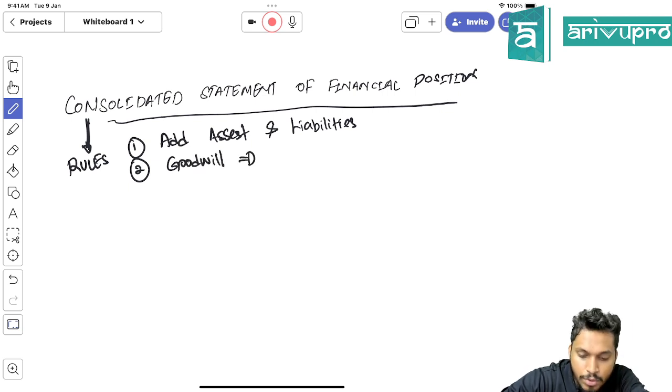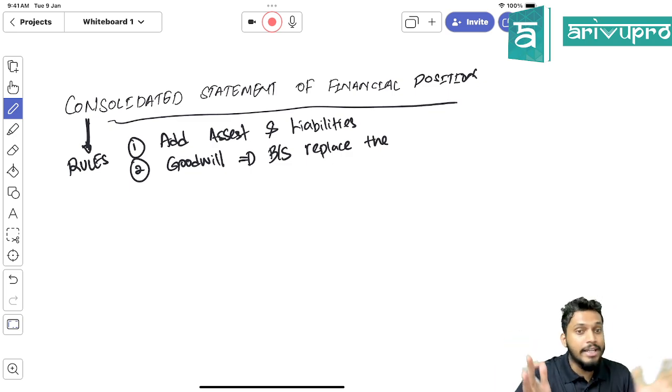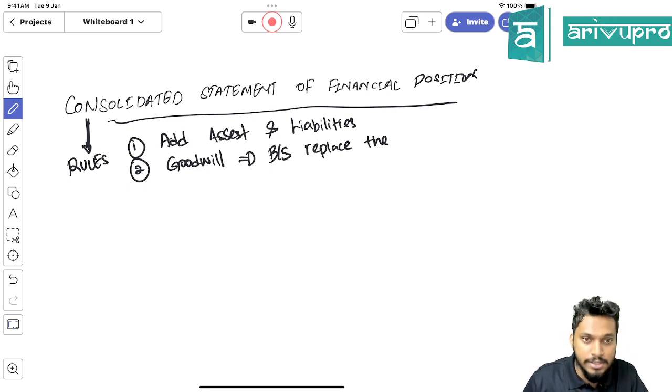This calculation of goodwill in your balance sheet will replace the investment made only in the subsidiary, not the entire investment. Sometimes in the exam question, the examiner can give you investments of 500,000. Of that he can say 50% is investment in the subsidiary, 50% other investments.